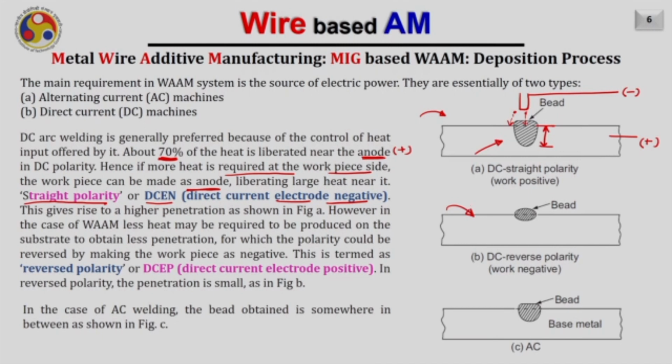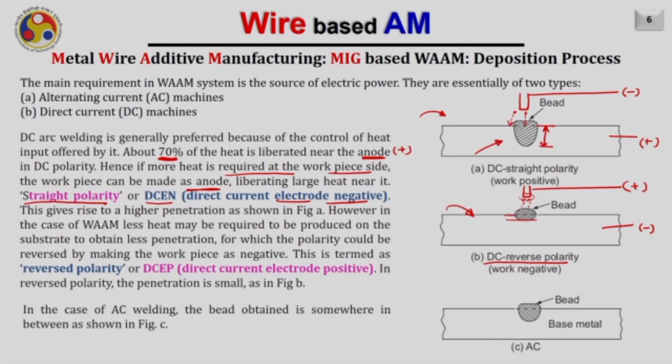Therefore, in that case, we may use the DC reverse polarity. In the case of DC reverse polarity, if this is the electrode, the polarity of the electrode is positive. That is also called as DCEP, direct current electrode positive, and the substrate is negative. Now, in that case, more heat will be generated on the electrode side, and the electrode will be consumed at a very fast rate, but at the same time we may not get enough penetration into the substrate.